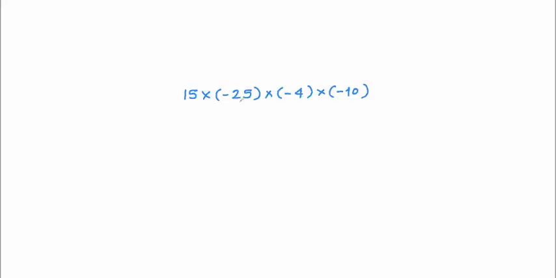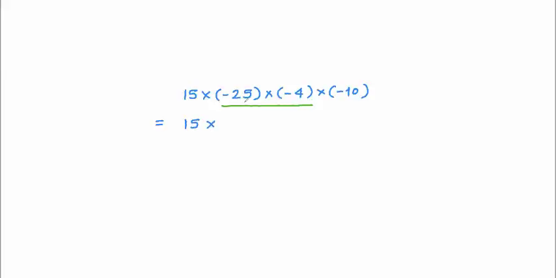Now we do have them side by side. Using the associative property, instead of multiplying 15 and minus 25 first, we are going to multiply minus 25 and minus 4 first. So 15 remains as it is, into minus 25 into minus 4.